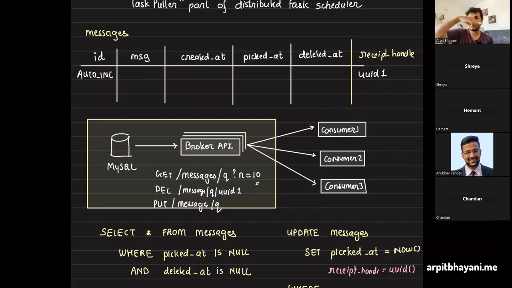When one consumer is reading a message, it is okay for other consumers to read other messages, with skip locked. When one consumer has read the message and is processing it, the message should become unavailable for other consumers to pick. That's why you'd have ID, message, created at, picked at.